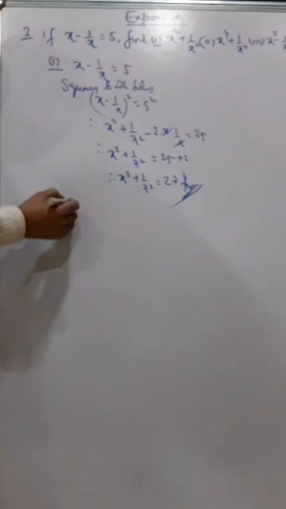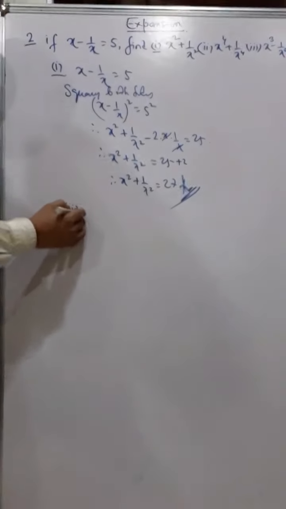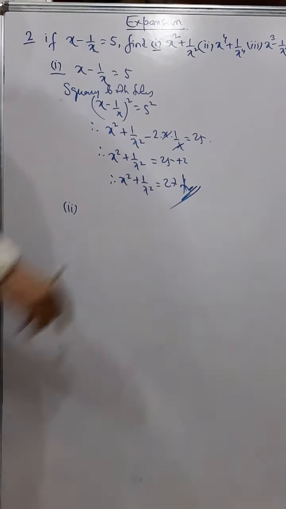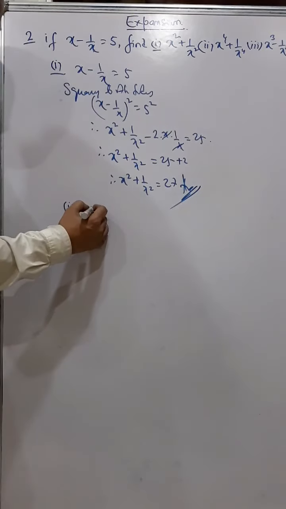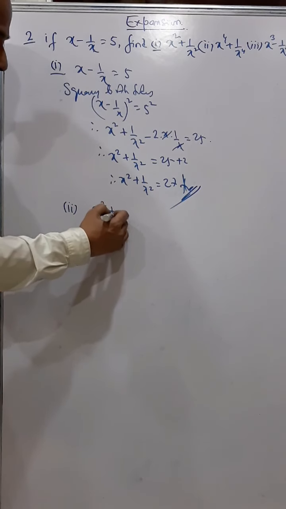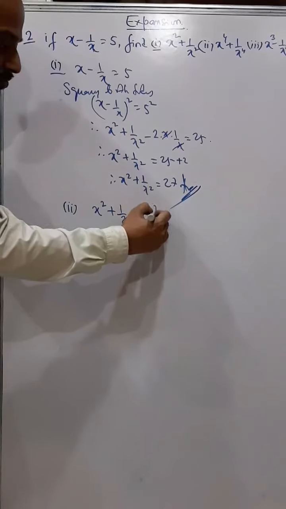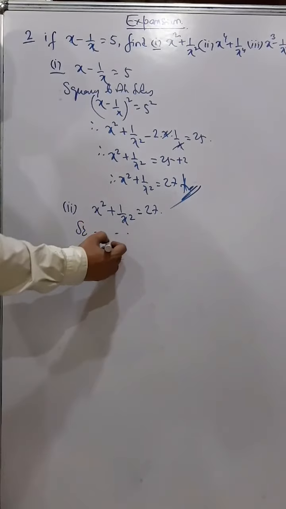Now similarly number 2. Now in number 2 you have to find x4 plus 1 by x4. You can understand, when you square the square you get to the power 4. So naturally in this sum we'll start with this value. We'll start with x square plus 1 by x square equals 27, and here also we'll do squaring on both sides.